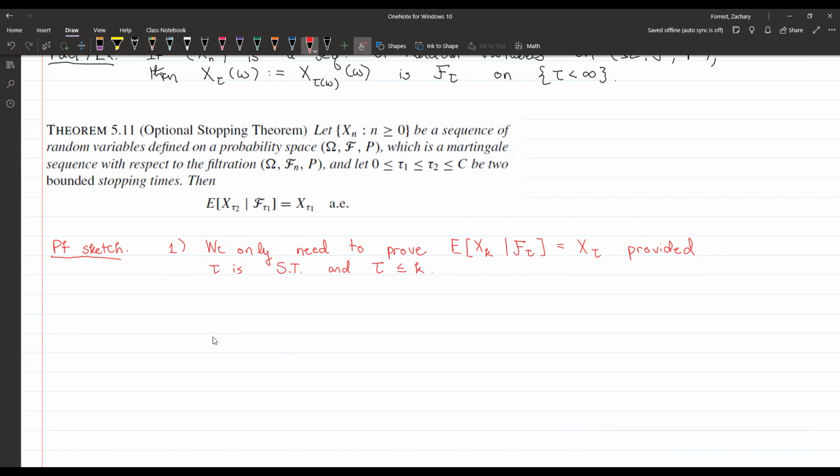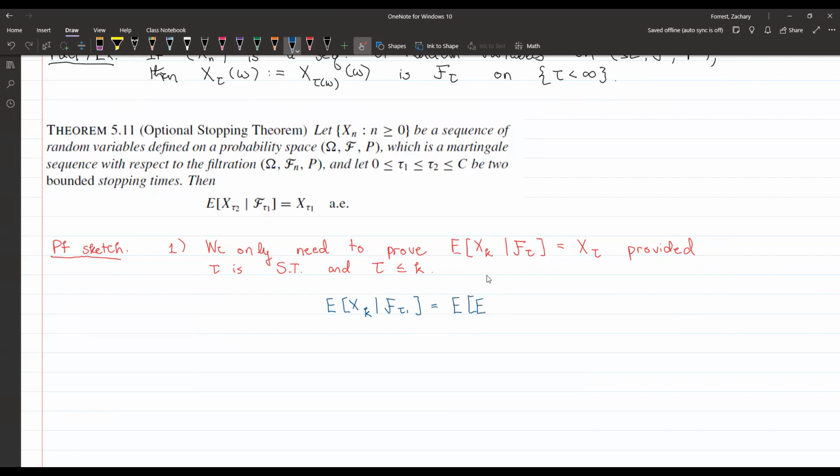What you can do is use some of our conditional expectation properties that we talked about last time. I'll put this down here just really quickly so you can see it: you can take the conditional expectation of, say, X_k with respect to the sigma algebra F_tau1, and expand it into nested conditional expectations.